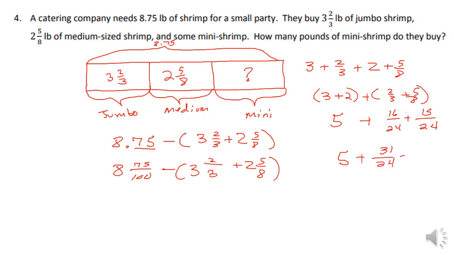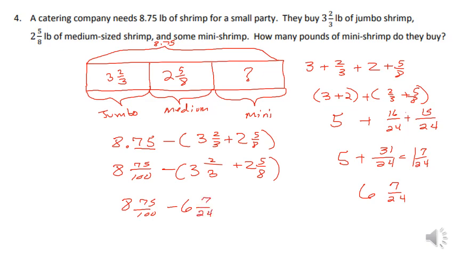And we know 31/24 is actually equal to 1 7/24. So now we know we got 6 7/24. So now we have 8 75/100 minus 6 and 7/24.